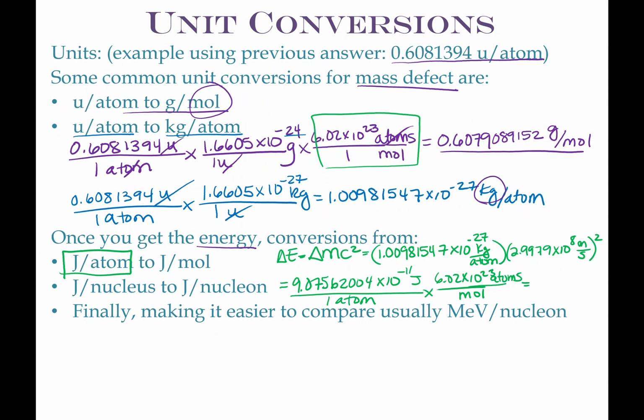So we do that calculation: 9.07562004 times 10 to the negative 11th times 6.02 times 10 to the 23rd gives us 5.46. I'm going to have to round this. There's no way I can keep all these numbers. 5.4635 times 10 to the 13th joules per mole.